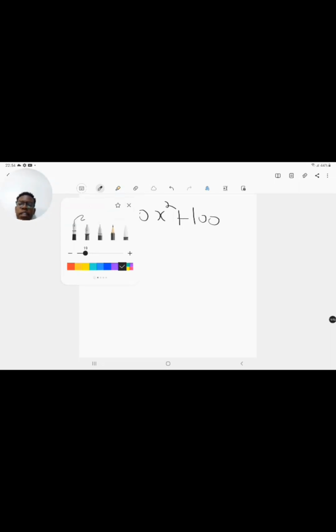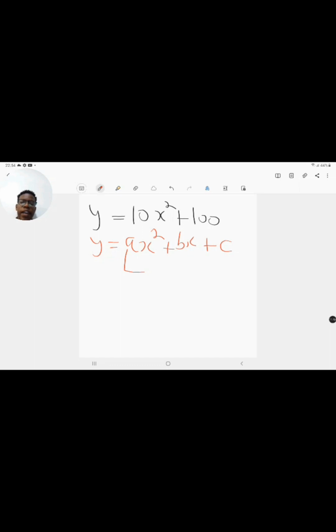Well, we know that our standard form is y is equal to ax squared plus bx plus c. A is the value that is attached to the x squared. The value attached to the x squared here is 10. Therefore, a is equal to 10. So a is positive, a is greater than 0. So the shape of our graph will look like that. Our graph will go up like that.